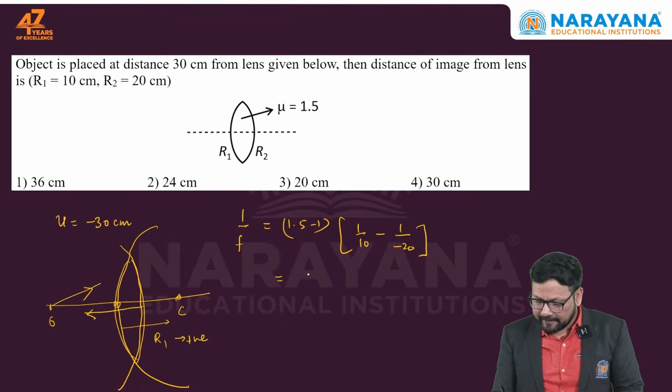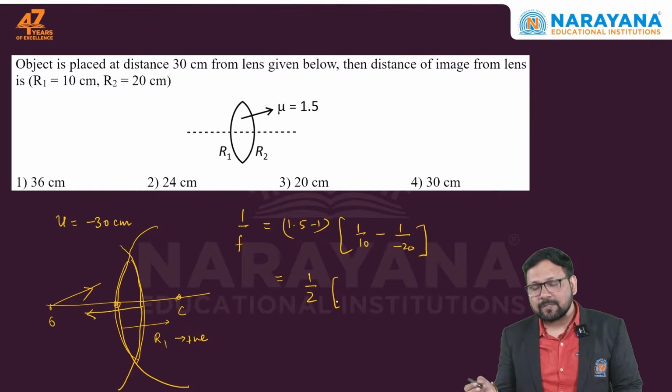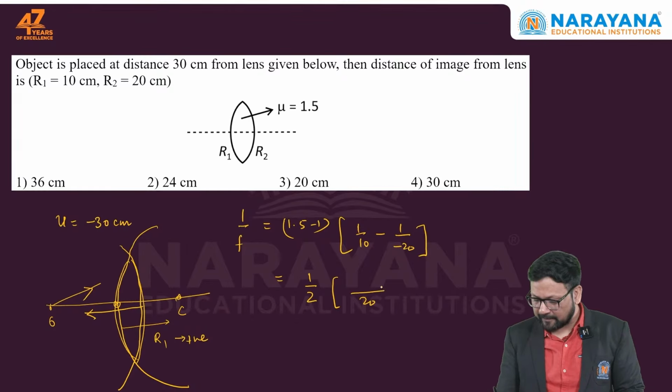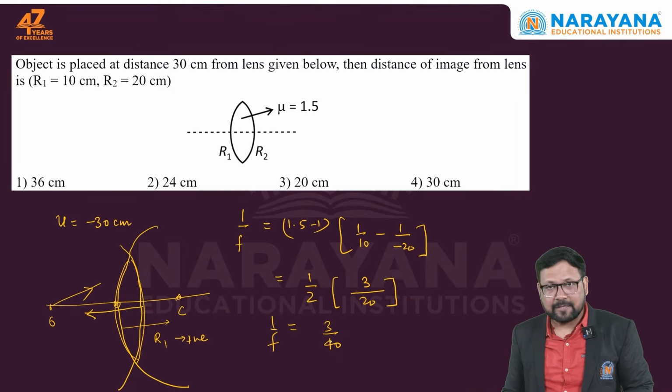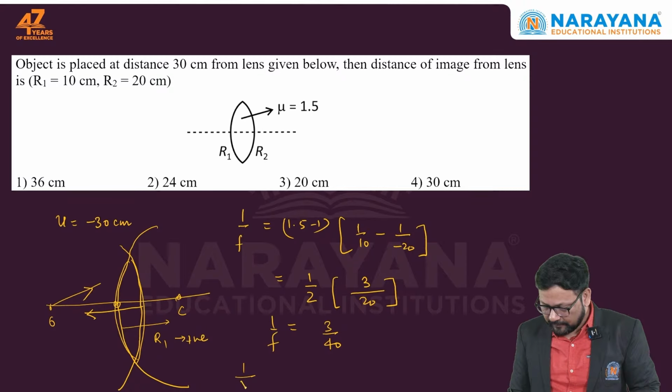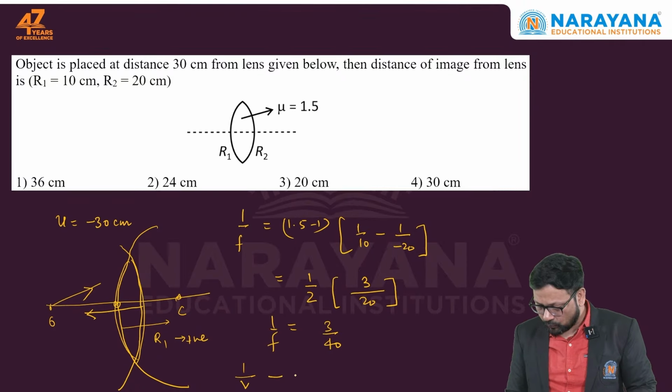From here, it is 1 by 2 times 1 by 10 plus 1 by 20. Okay. So that will be how much? 3 by 20. So 1 by f we are getting is 3 by 40. And since we have to find the image for a lens, we will be using the lens formula. 1 by v minus 1 by minus 30 is equal to 1 by f.